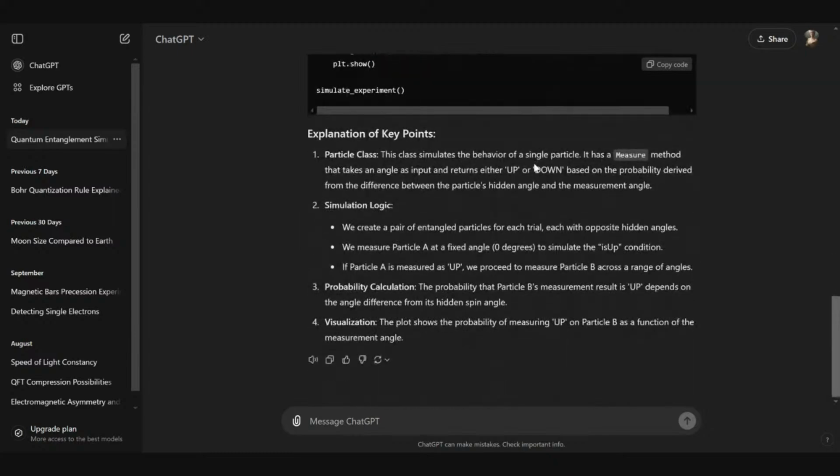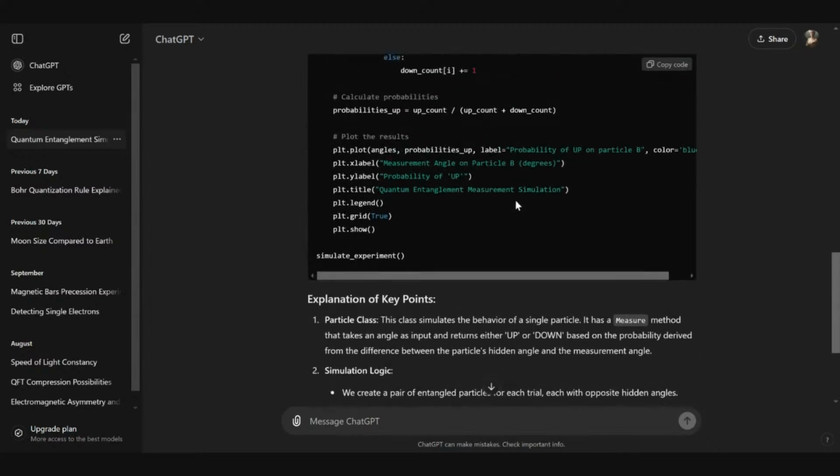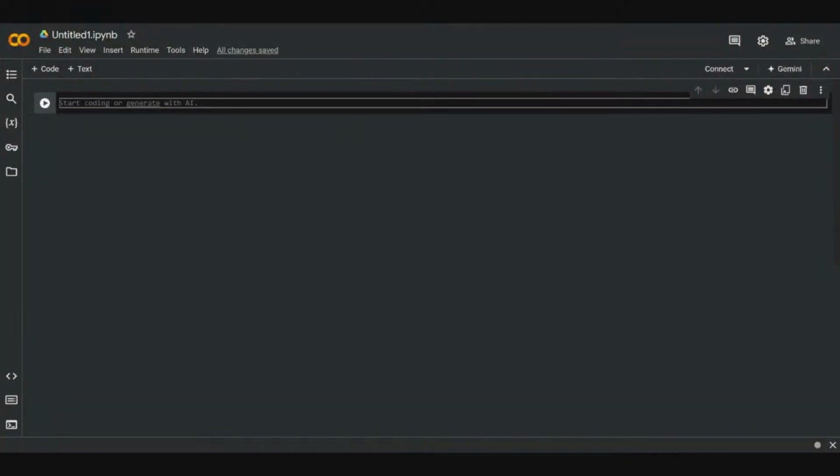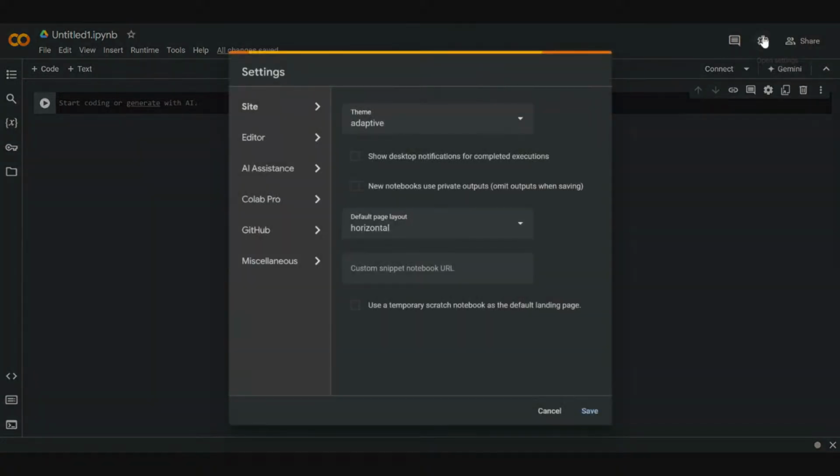Let's see the plot. Can you show the plot? All right, can we copy the code? Okay, Colab. Why am I not logged in? Am I logged in? There's no user in this thing?